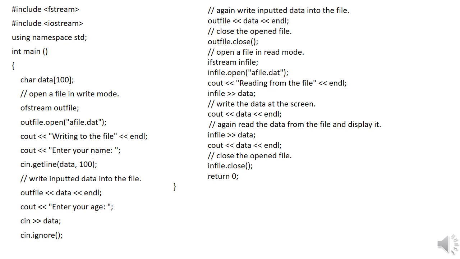Then we are going to display the data, age, on the screen. The syntax is cout data, that will display the age on the screen. Then we close the open file. That is the end of this program. The output of this program I will explain in the next slide.